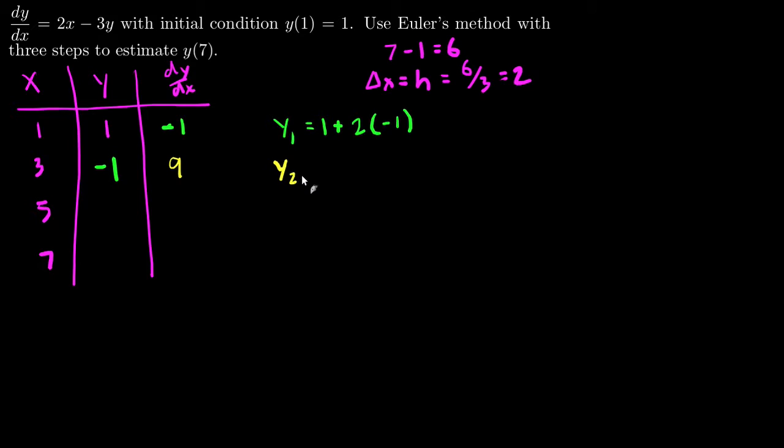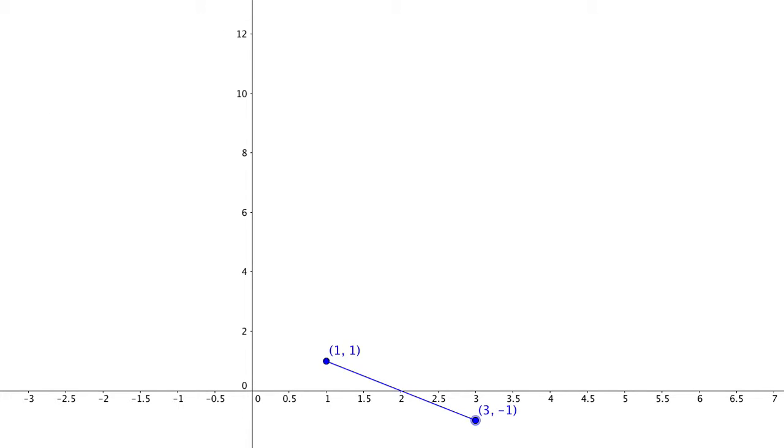And y2 is going to be the previous y value, negative 1, plus the change in x times the new slope, which will give me positive 17. And so I go to the graph, and now I jump up. So I take a step right 2 units with a slope of 17. I'm way off the graph up here.